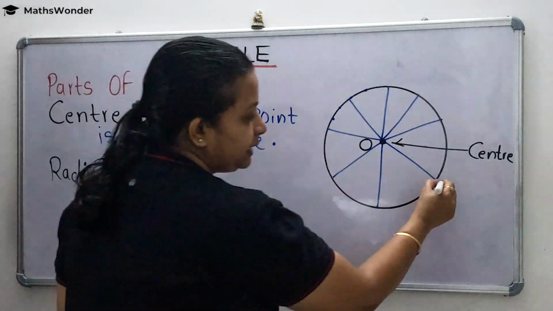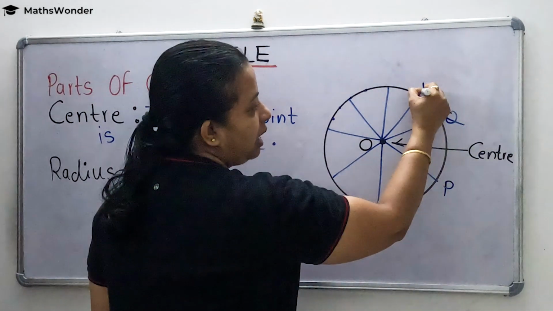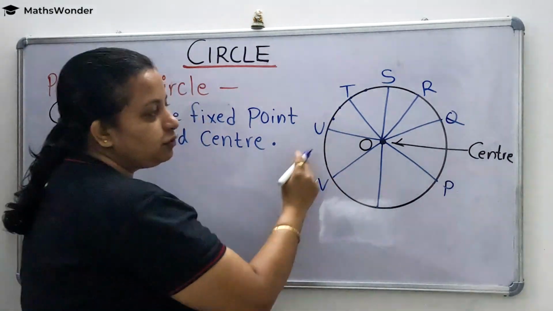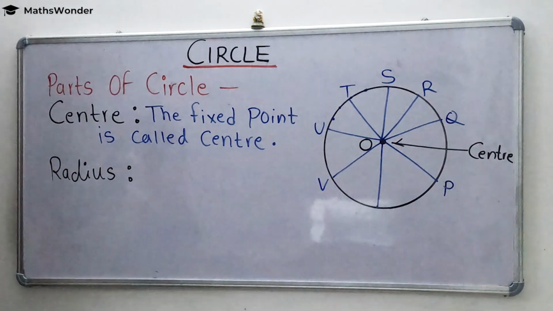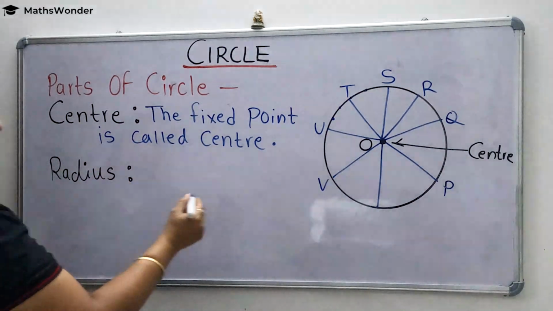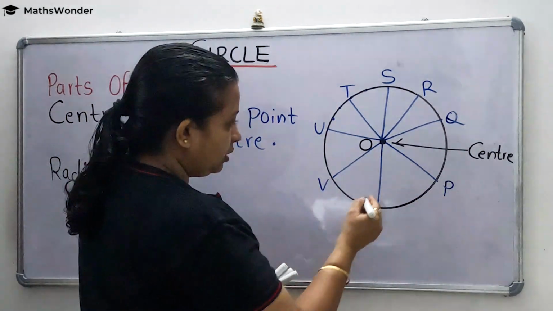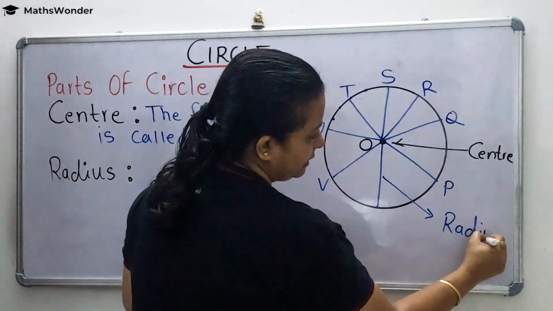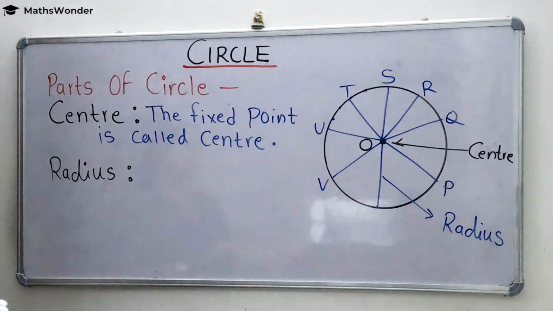Suppose these are P, Q, R, S, T, U, V. Any line which is this distance, these all are radii. So there are many radii.